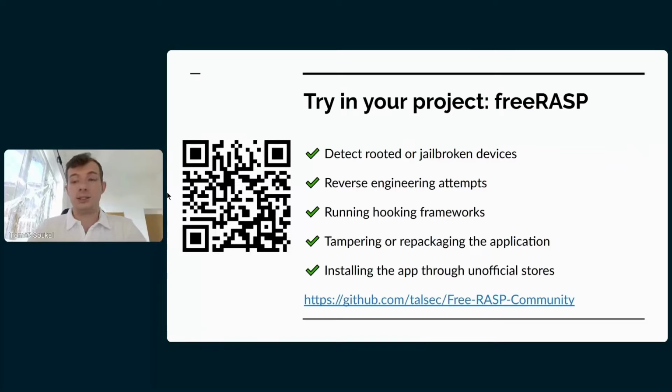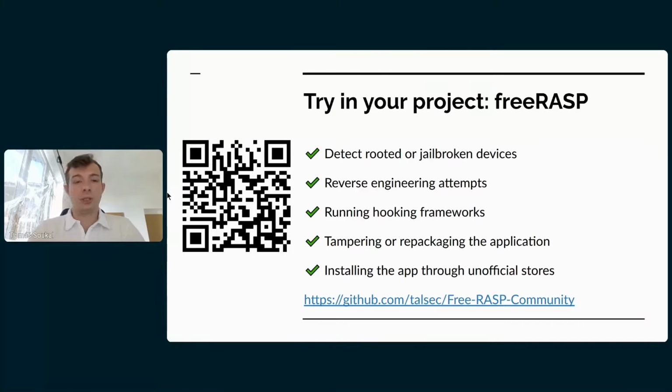And this is a time to show off a great solution to many mobile threats, and it is freeRASP. FreeRASP was developed in Talsec and is like a one-stop shop for all basic threats.